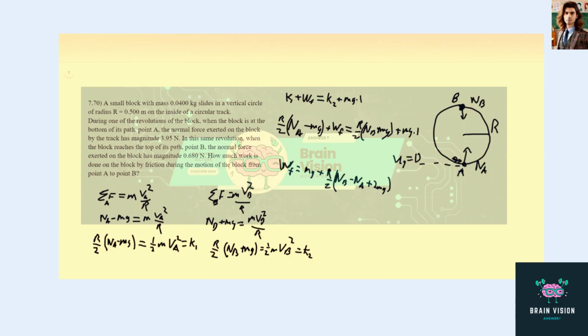Okay, now we can solve this. We have work due to friction as a sum of things that are just numbers now.